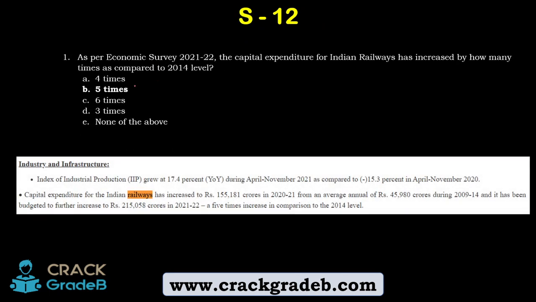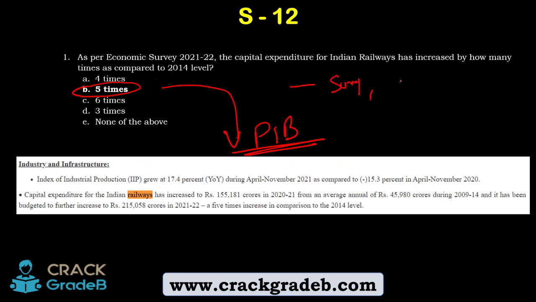Look, I told you, you will not get this thing in the survey, but you will get this in the PIB, Press Information Bureau. So most of you will read the survey, watch a few YouTube videos from all different channels, then read all the highlights, maybe from UPSC material, Vision IAS and all, and obviously our material as well.